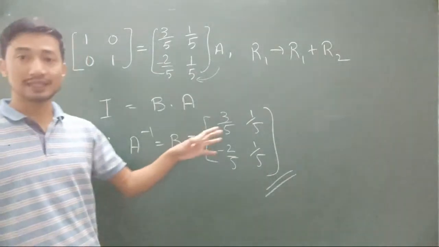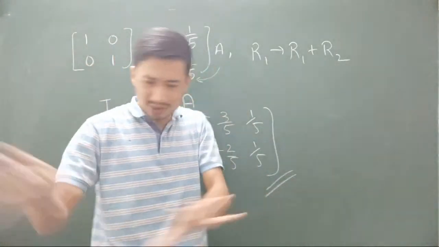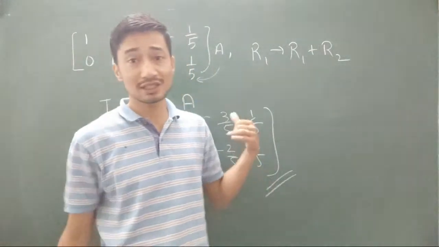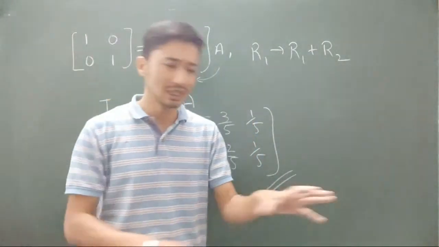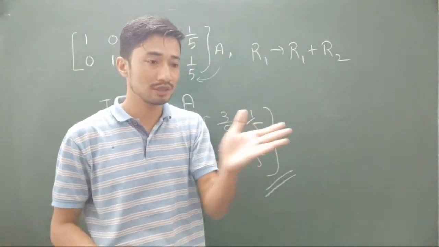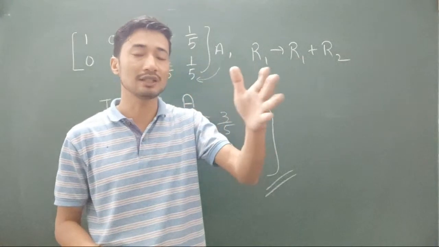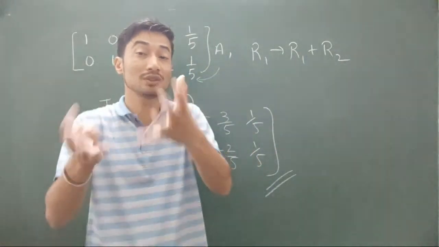That's why, as I say, try not to lose your focus. Try not to look into so many rows and so many columns. This is just a 2 by 2 matrix. We have a 3 by 3 matrix also. So don't try to look into too many elements, too many rows and all. Just focus one by one. Forget about what the other elements are doing, whether they like you or not. Forget about that. You just focus on your goal only.